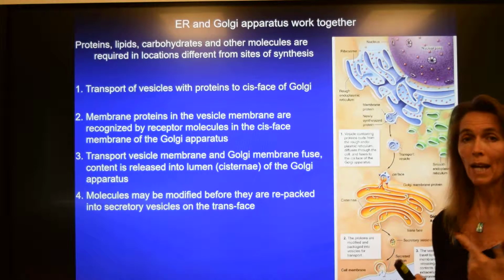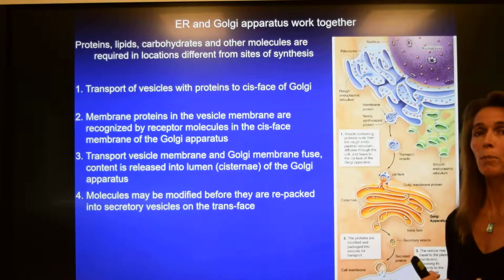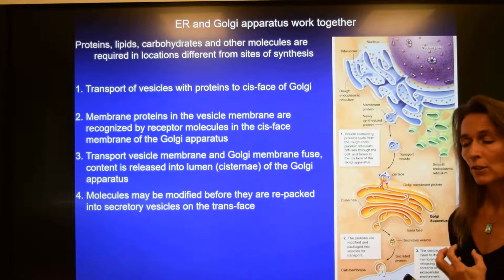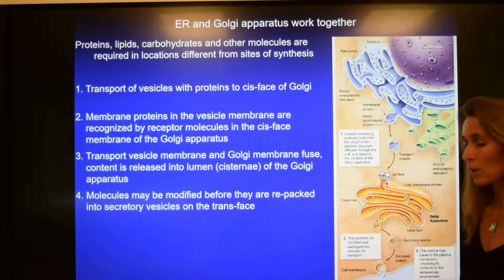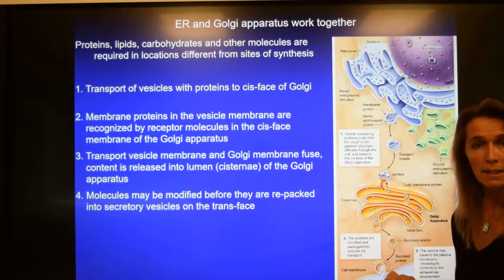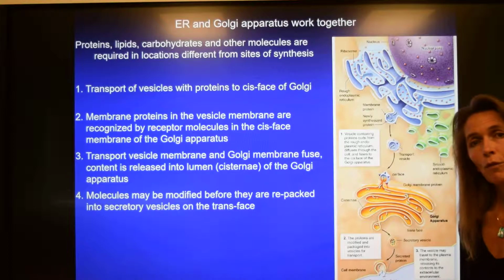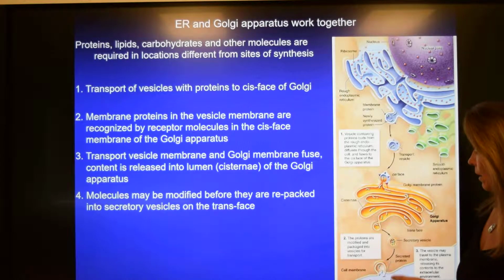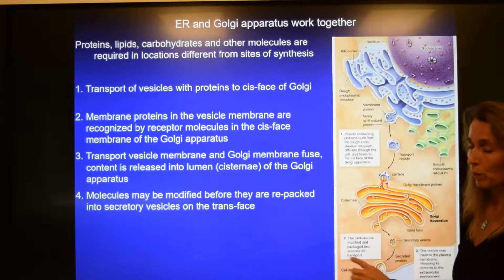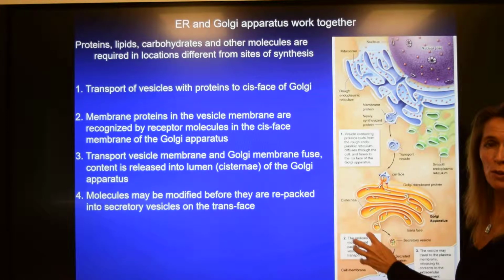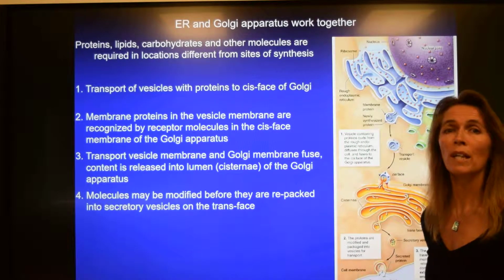Another example would be antibodies, that if you're infected by a pathogen, that your body forms antibodies, and these antibodies need to be released into the body in order to fight those pathogens. So something like this would be released into the outside via exocytosis. There, of course, are the other molecules that are needed on the inside, so they would not fuse then with the extracellular membrane, but they would deliver their target molecules to other destinations within the cell.